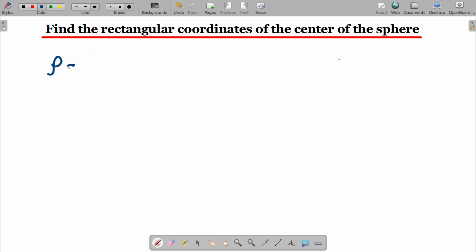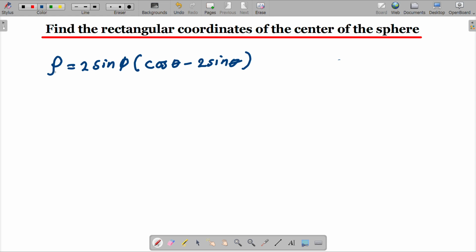You have rho equals 2 sine phi, open bracket, cos theta minus 2 sine theta, like that. Okay, so what I'll do right now is multiply everything by rho.